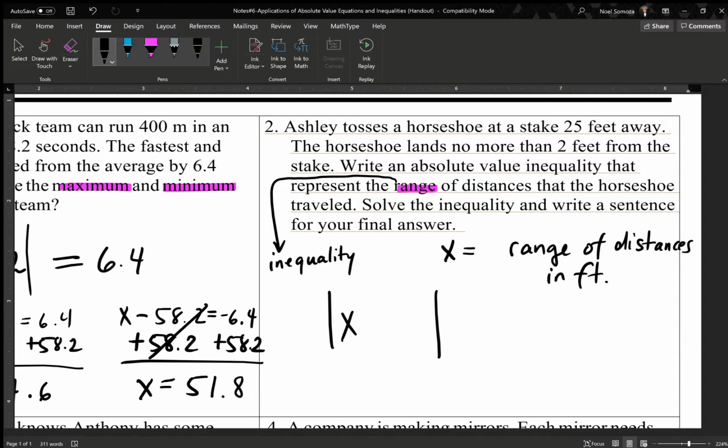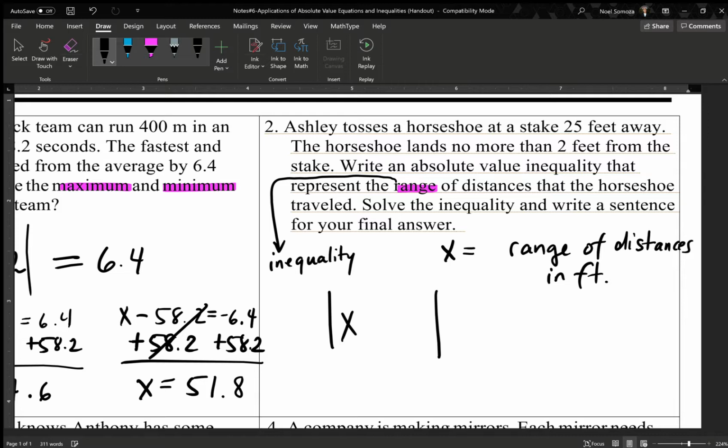Now I know that's what my x is going to represent. Okay, what is the ultimate goal? How far were we trying to get it? What's the toss? What's the distance? 25. It's 25 feet. And then the other value that we have is that it lands no more than 2 feet away from the stake.